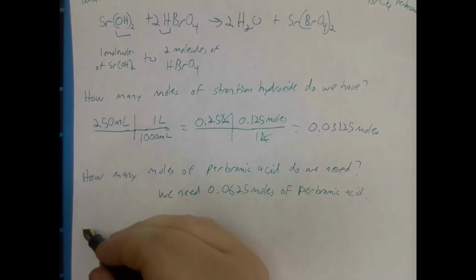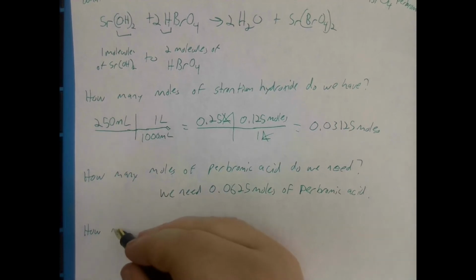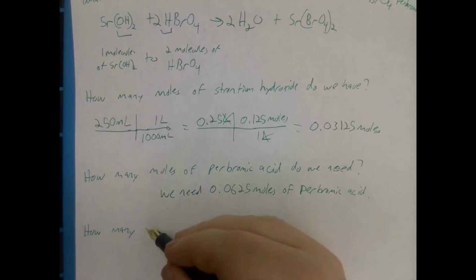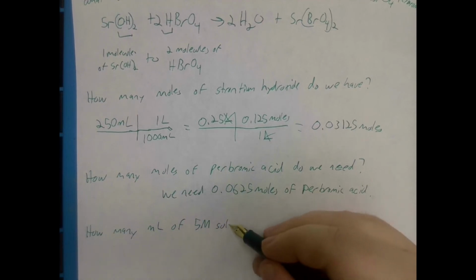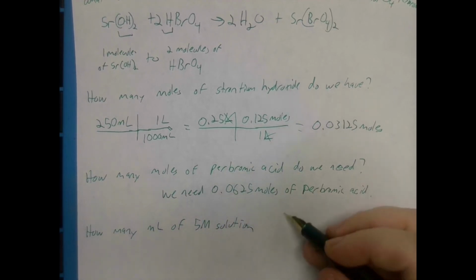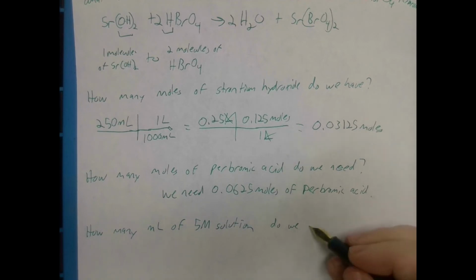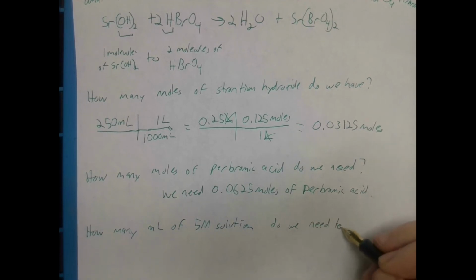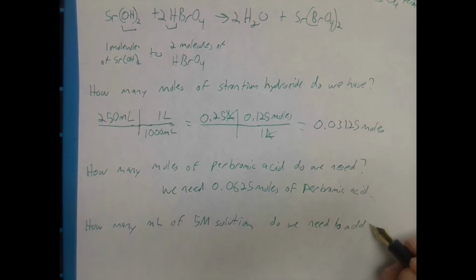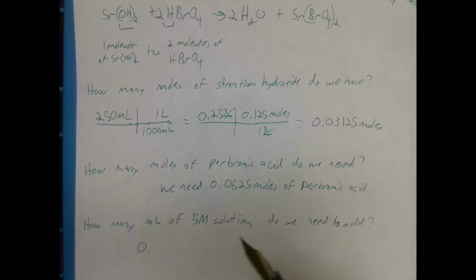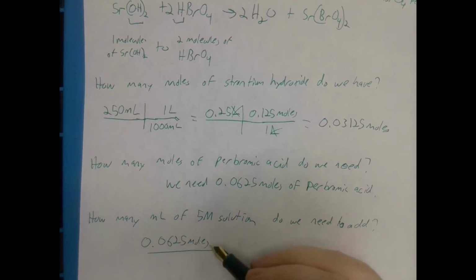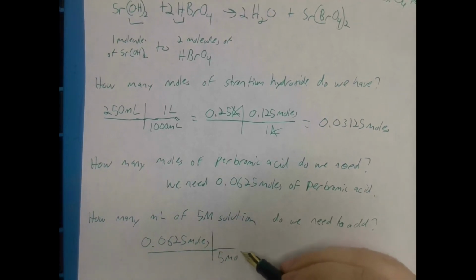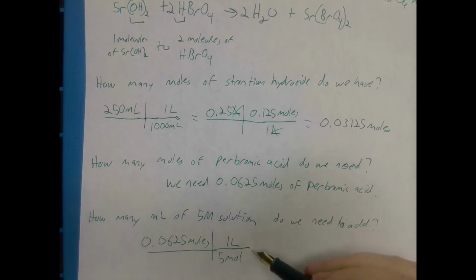And finally, how many milliliters of 5 molar solution do we need to add? Well, we know we need to add 0.0625 moles. And we know the molarity is 5 moles per liter.